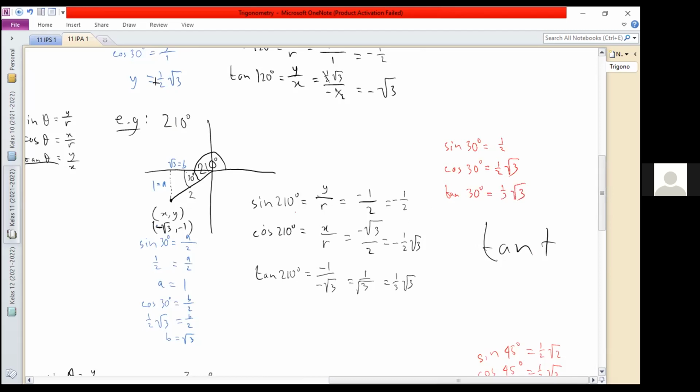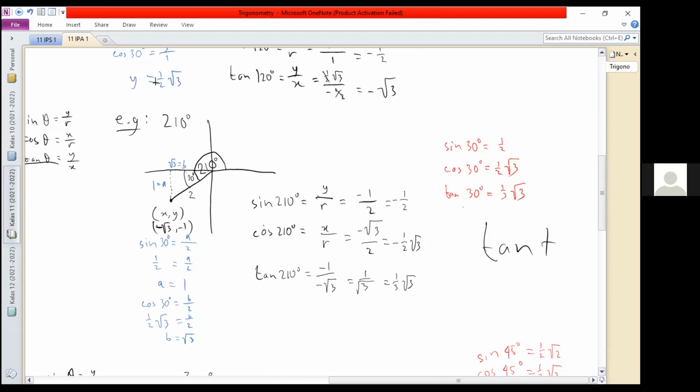Again, for 210 degrees and 30 degrees, the difference is only in the sign. For sine and cosine, 210 degrees is negative and 30 degrees is positive, and for the tangent it is exactly the same.